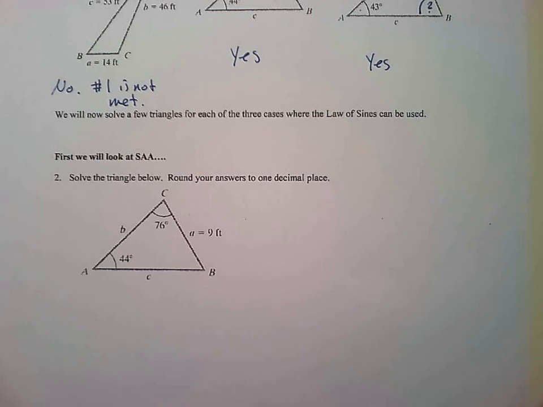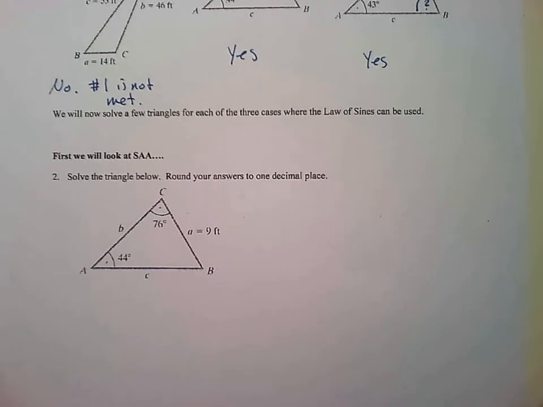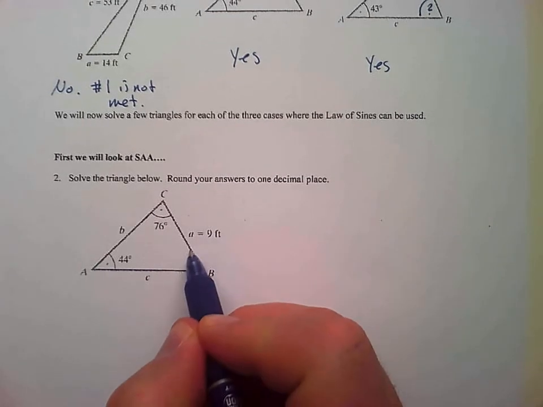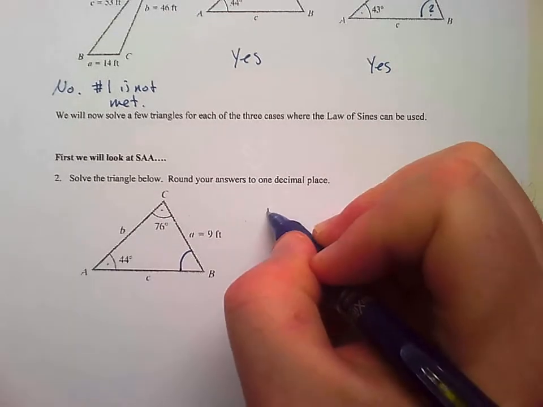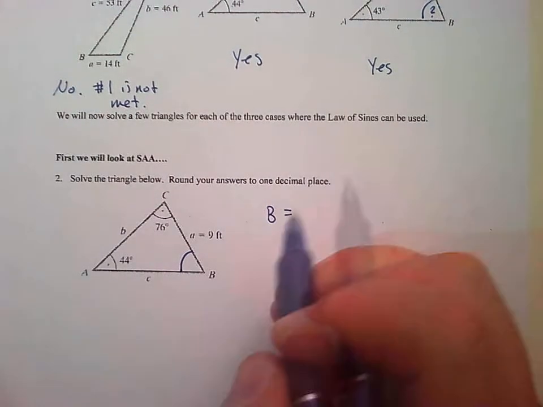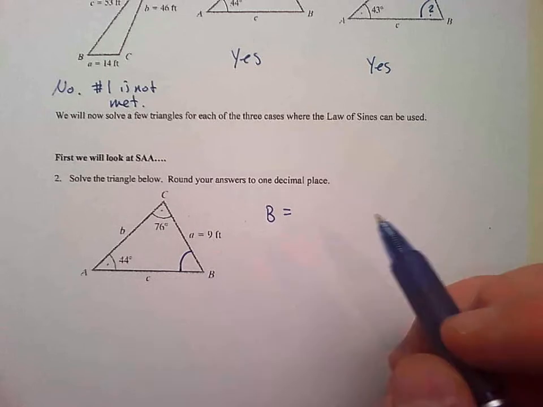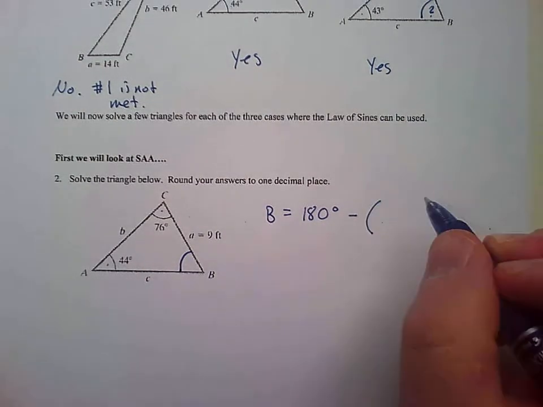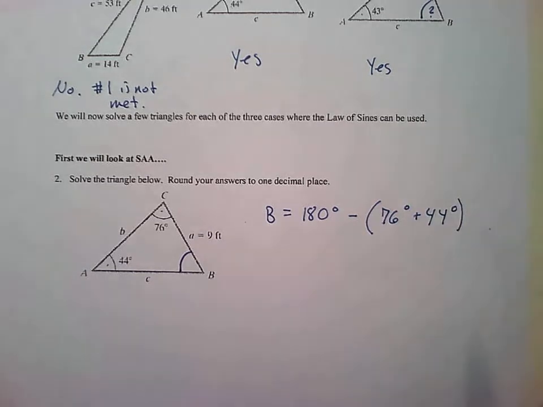So, first off, one of the things that we should do here is this. Since we know these two angles, we can very easily figure out angle B. Like I've said a couple of times, since the angles inside a triangle must always add up to 180 degrees, we can take 180 degrees and subtract 76 degrees plus 44 degrees.